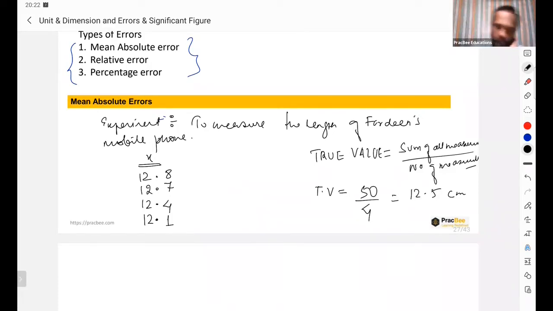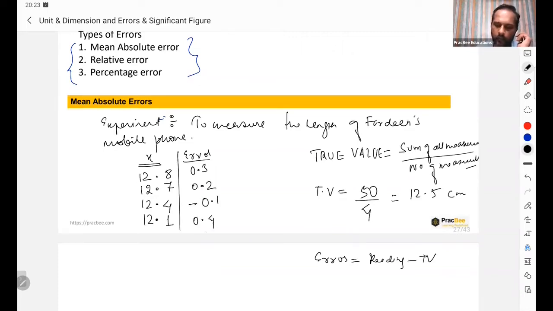The error in your reading is 0.3 centimeter. Error is defined as reading minus true value. In the first one it is 0.3. In the second one, the error is 0.2. In the third one, the error is minus 0.1. In the fourth one, the error is minus 0.4.